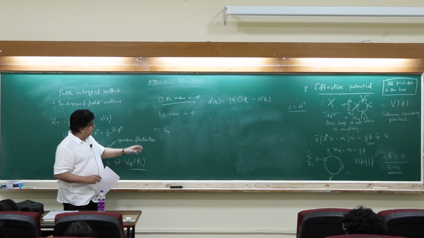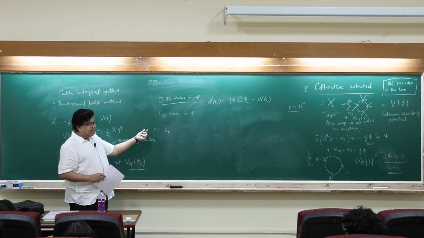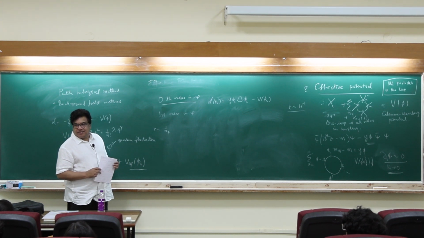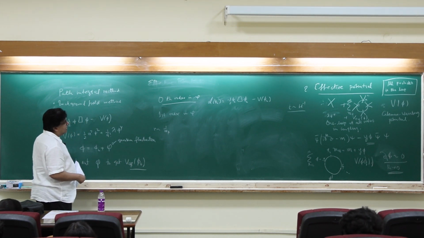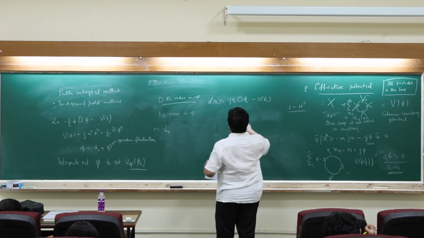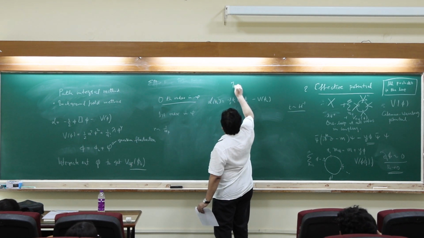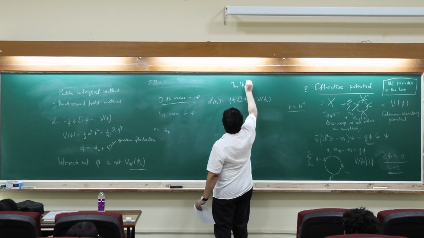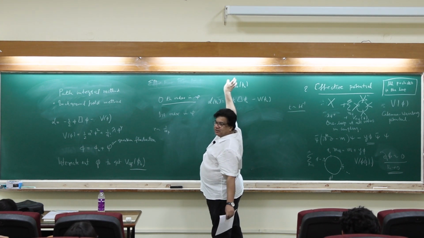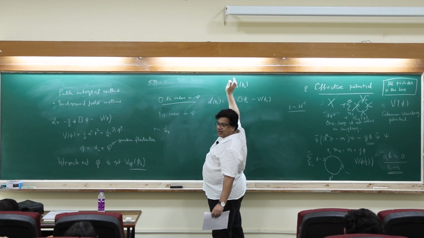So here we are assuming that gravity doesn't play a role at these short distances, inverse masses. And so what we will do is we will write this effective thing, and then calculate the T mu nu of this phi b, and then calculate how much is the gravitational curvature from this T mu nu.